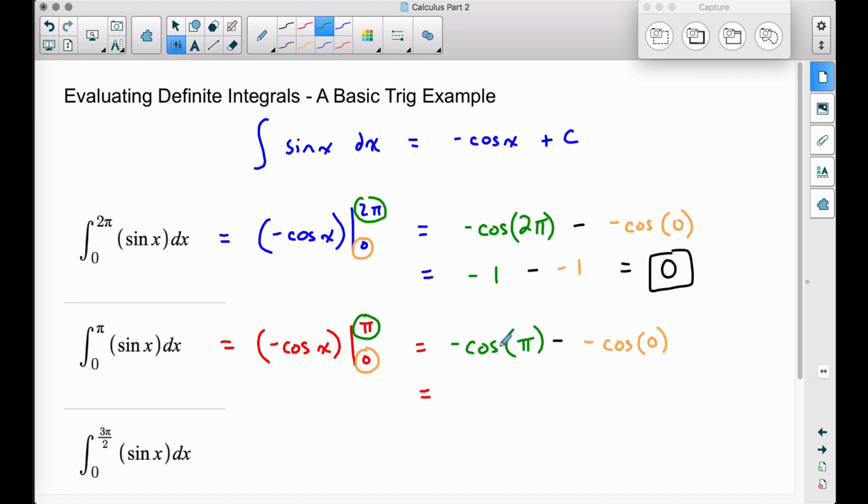And now to evaluate this, the cosine of pi is negative 1 times that negative 1 out here up front. We have a positive 1 there, minus negative cosine of 0. Well, cosine of 0 is 1, so we have negative 1 here. And now when we combine these, 1 minus a negative 1 is 1 plus 1, so our area is 2.